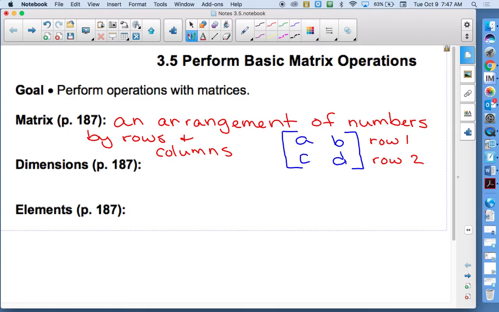So A and C would be considered column 1, and then B and D are considered column 2. So rows go left and right, columns go up and down. Columns are what hold up buildings. They are vertical. If they fall down, the building collapses.